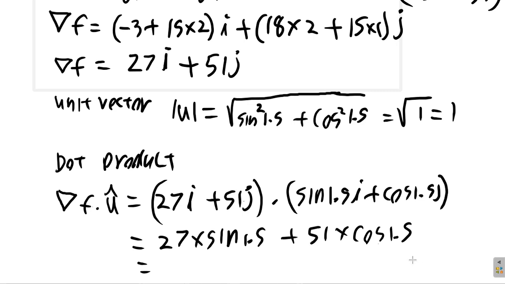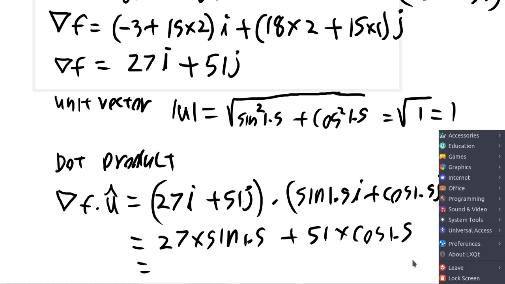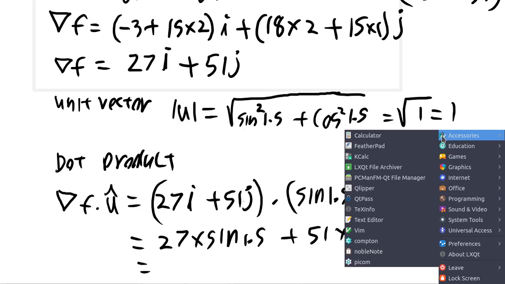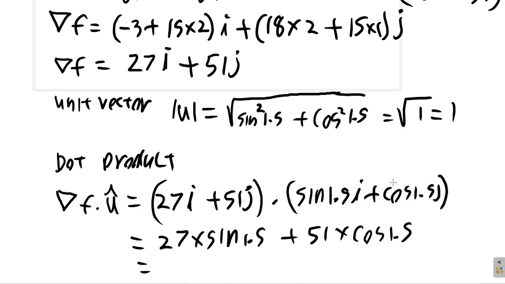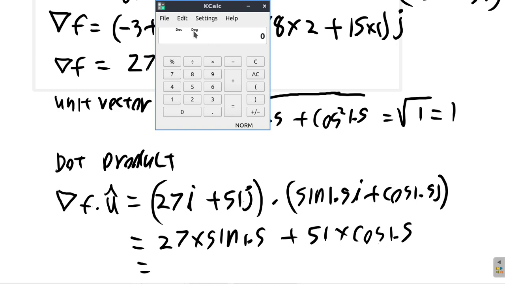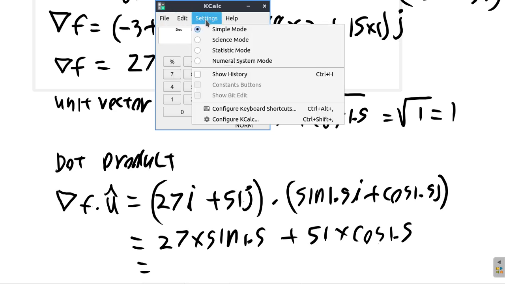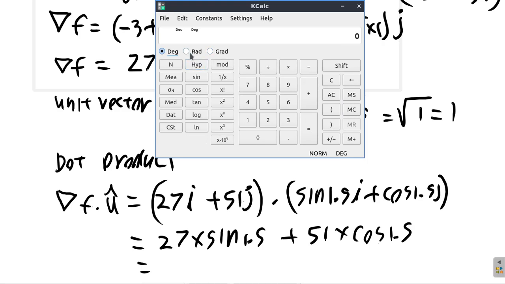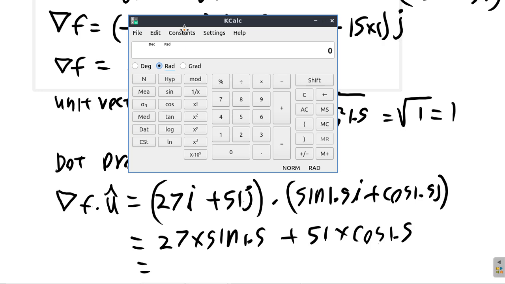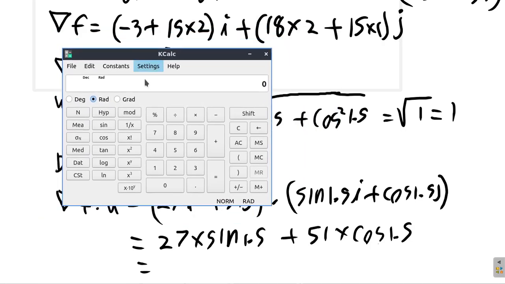Now, do I have a calculator that can go into radian mode? Let me put this into scientific mode. Radian. Good. So we have radian mode.